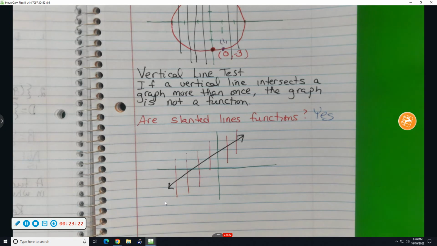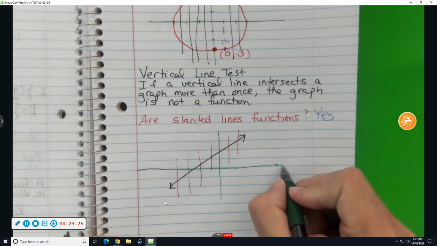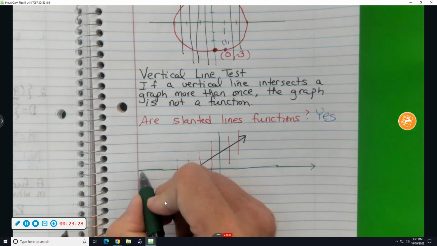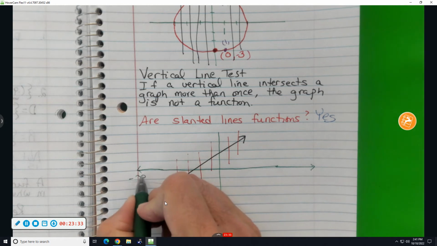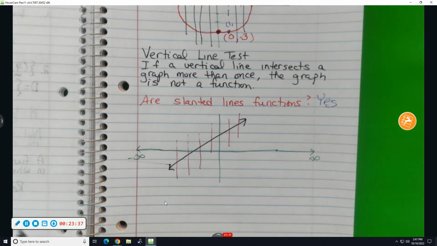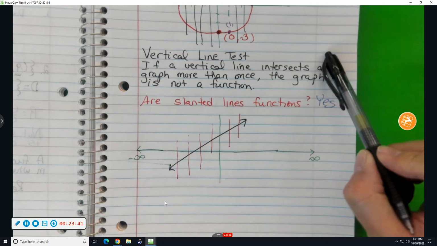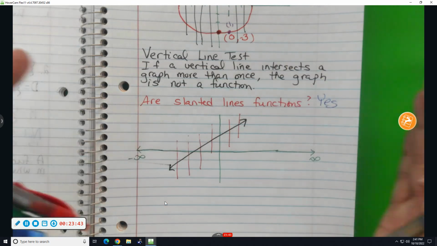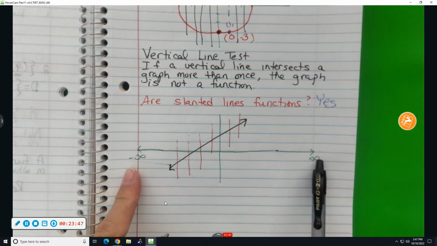When it asks, what's the domain of a slanted line? The domain are the x values. If we call these arrows negative infinity and positive infinity, if I keep drawing this slanted line out, does it keep moving to the left and right? Will it be over here at negative infinity and positive infinity eventually?